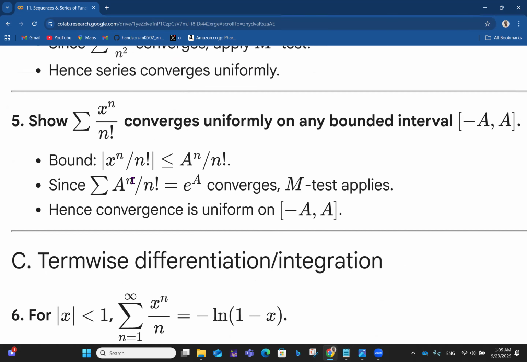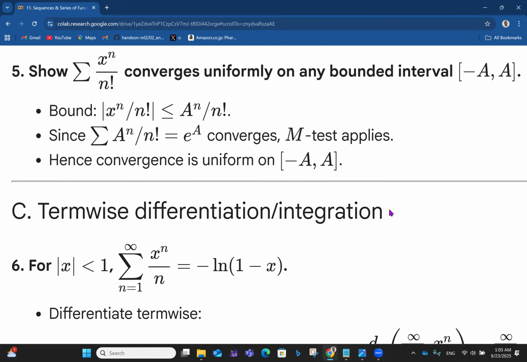The bound here is the absolute value of x^n over n factorial is always less than or equal to a^n over n factorial. Since the summation of a^n over n factorial approaches e raised to the power a, this converges, so the M-test applies. Hence, convergence is uniform on minus a to a.